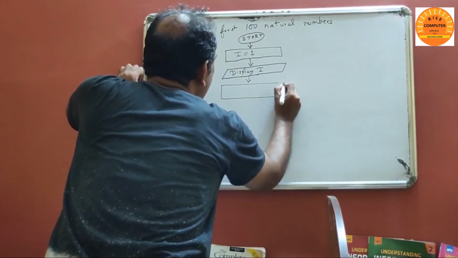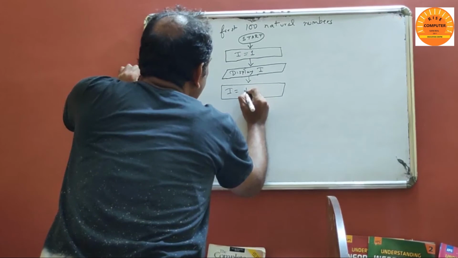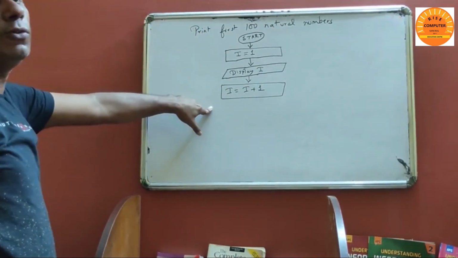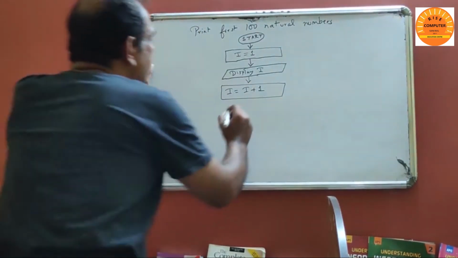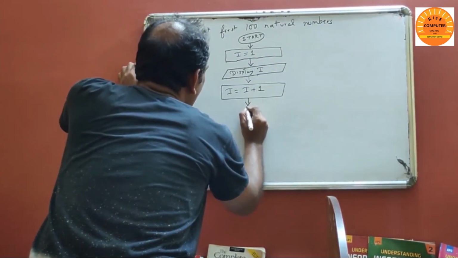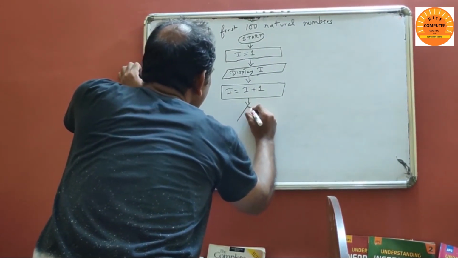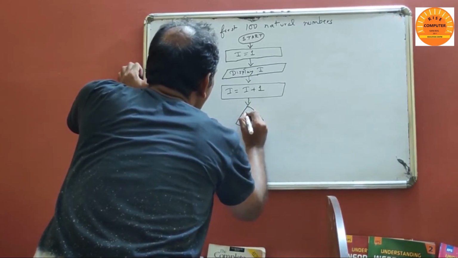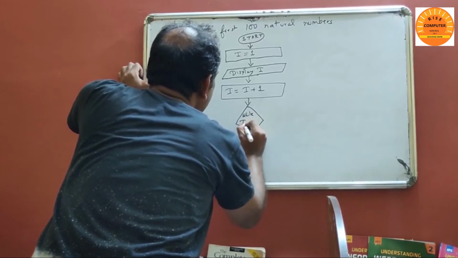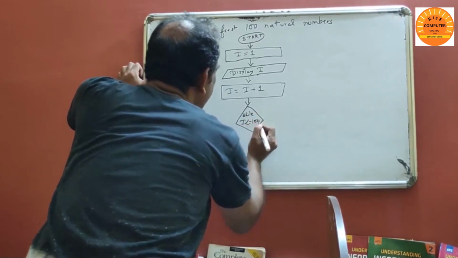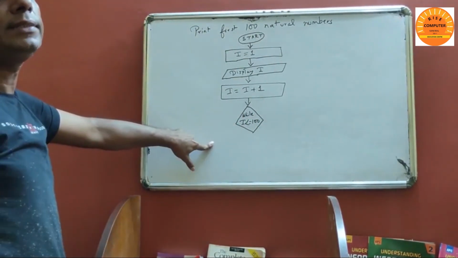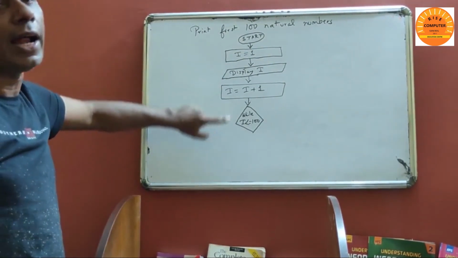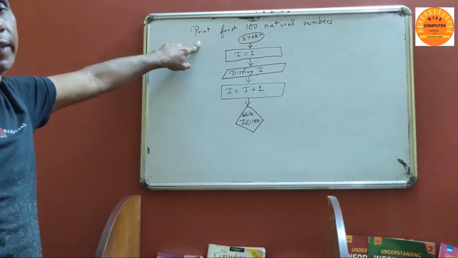So I will be increased by I equal to I plus 1. This will continue up to 100. So we write here a while statement: while I less than or equal to 100. That is the range from 1 to 100.